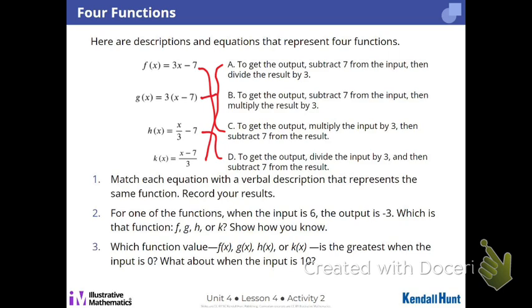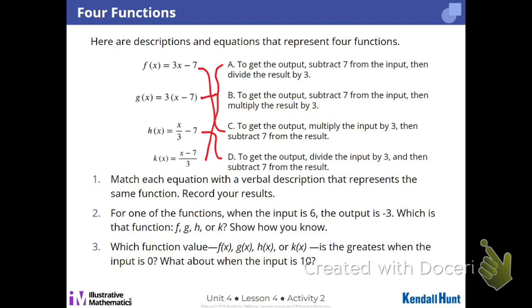All right, so next up for number 2, which function has an input of 6 and an output of negative 3? Input of 6, output of negative 3. You guys already did this, right? Input of 6, output of negative 3. Which one, F, G, H, or K? Emily.